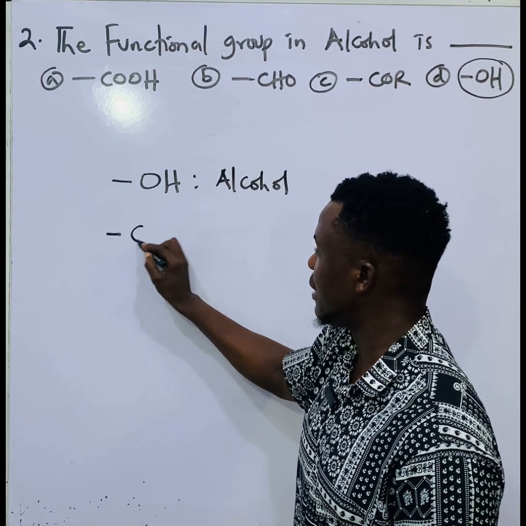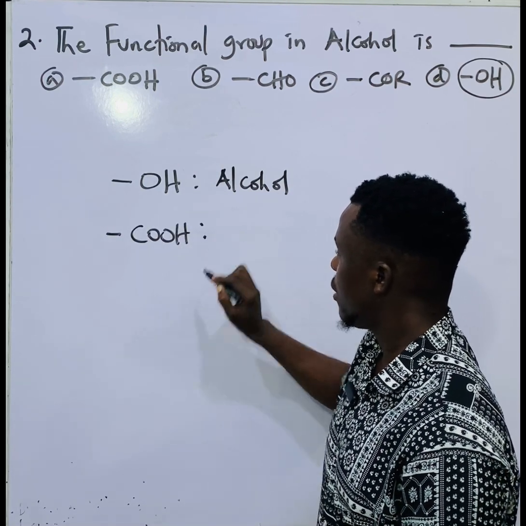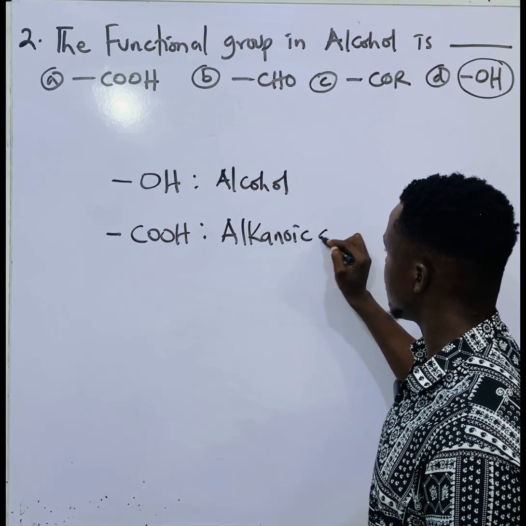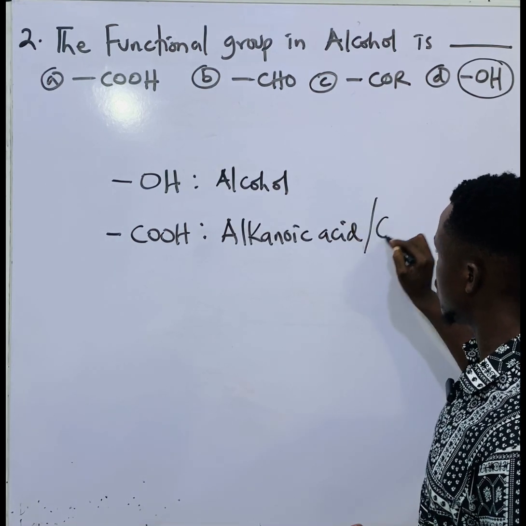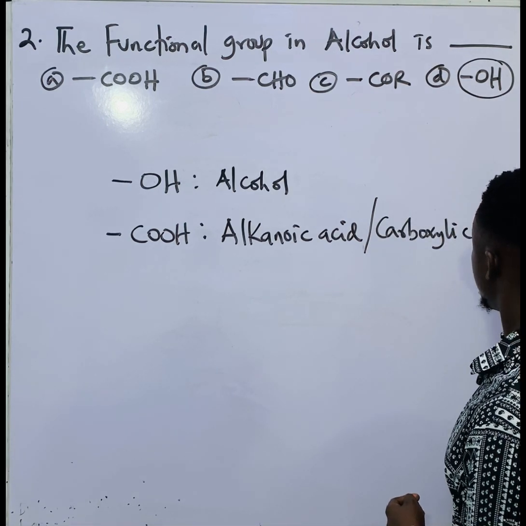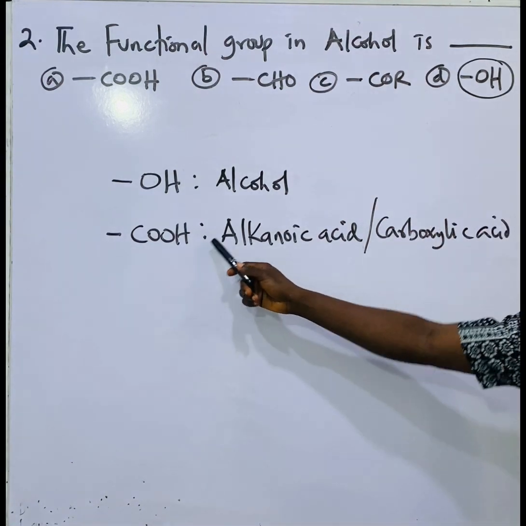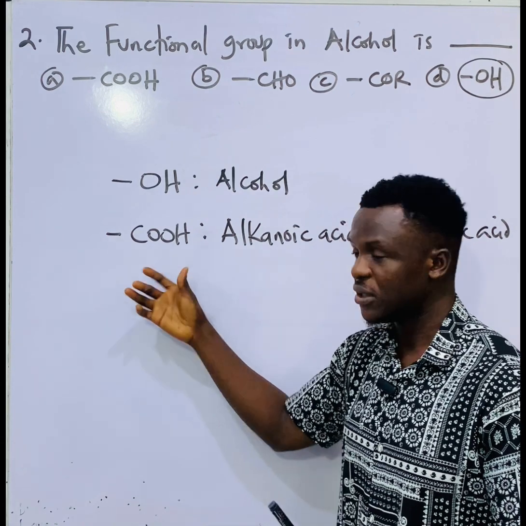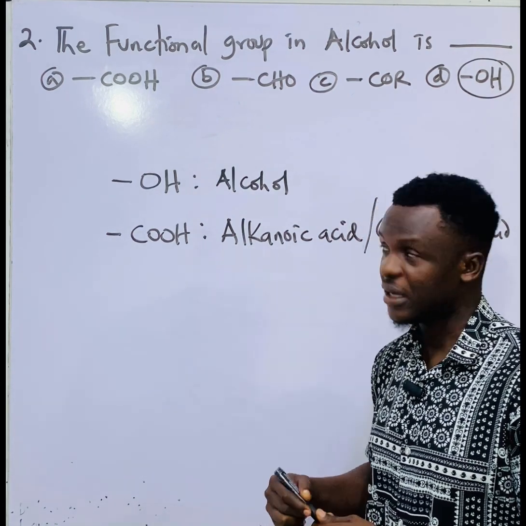Now the first one is alkanoic acid, which is also known as carboxylic acid. So anywhere you see COOH, this functional group is an alkanoic acid.